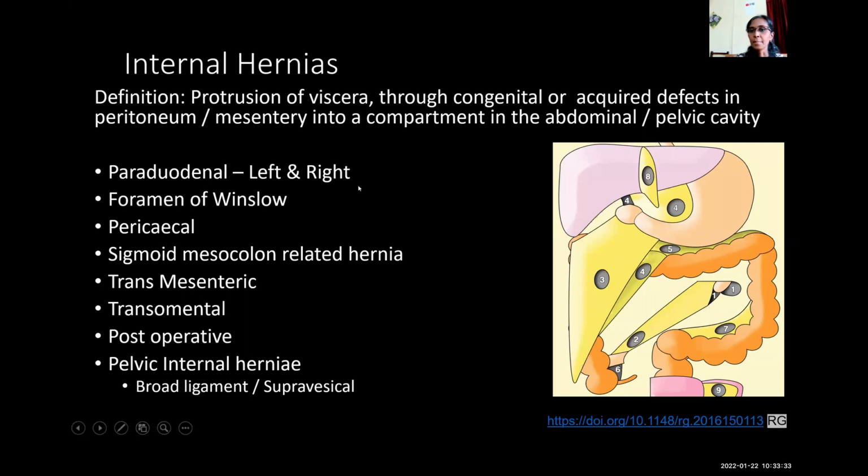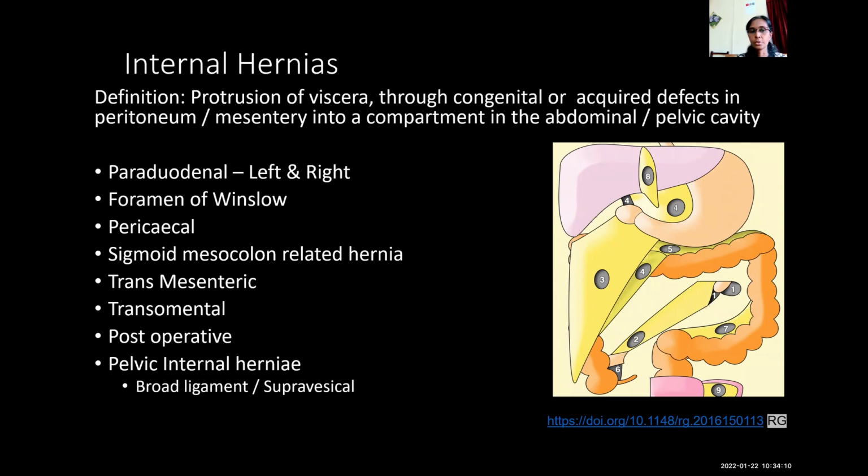Let this diagram not faze you, saying, oh God, there are so many of them, how am I going to remember? It's definitely not as bad as it seems. If you think of all the peritoneal folds and coverings that you already know, you know the falciform, the lesser omentum, the greater omentum coming out from the greater curvature, the transverse mesocolon, the mesentery, the sigmoid mesocolon, and then when you go into the pelvis, the supporting ligaments, and some pouches.